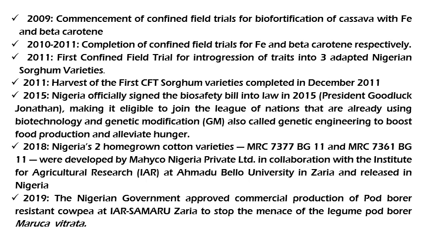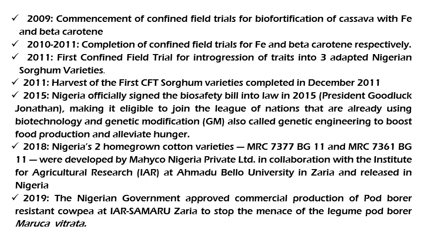But biotechnology did not get the boost it required until 2015, when the former president, Goodluck Jonathan, signed the biosafety bill, which made Nigeria eligible to join other countries in genetic modification of crops to alleviate poverty and malnutrition and enhance food security.